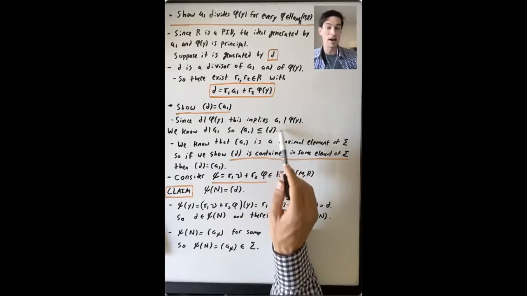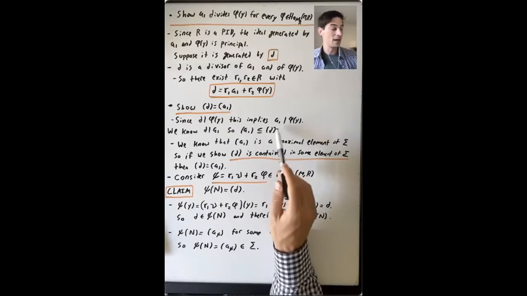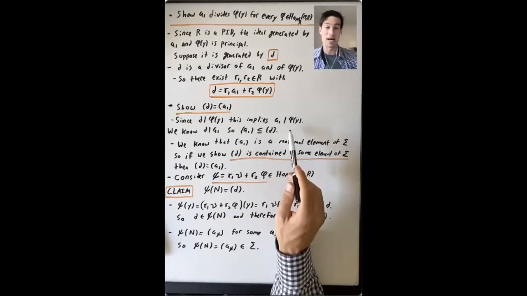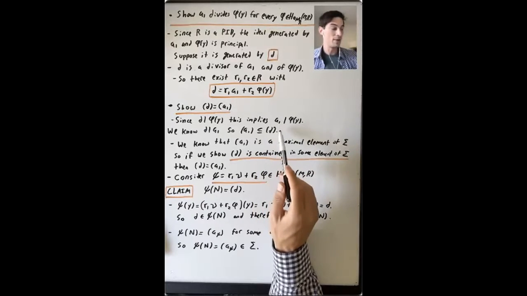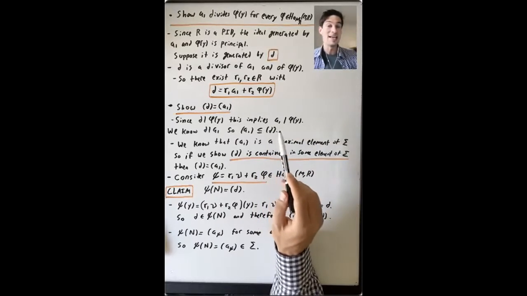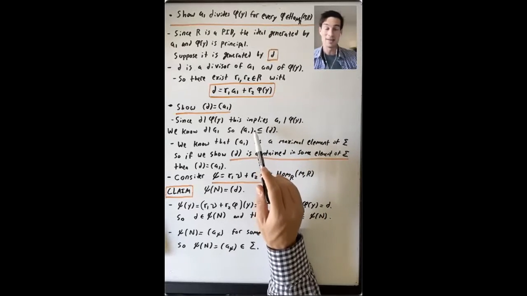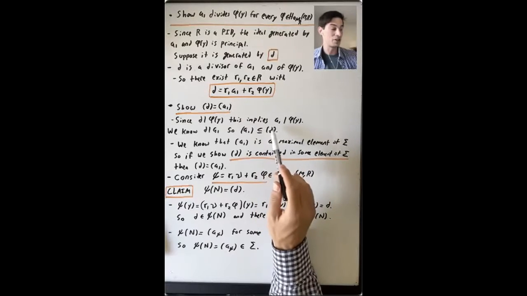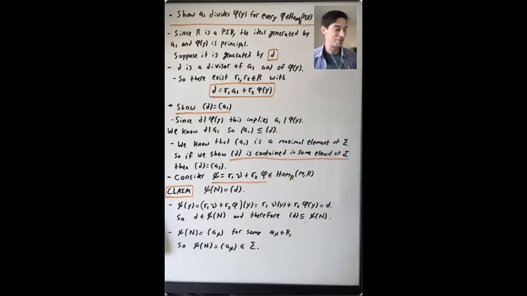If there's another element of Sigma containing the ideal generated by d, then that's a problem because A1 is a maximal element under inclusion. So if we can show that the ideal generated by d is contained in any other element of Sigma, that other element of Sigma must be equal to the ideal generated by A1, which shows that the ideal generated by d is the ideal generated by A1. So I find this idea very clever.